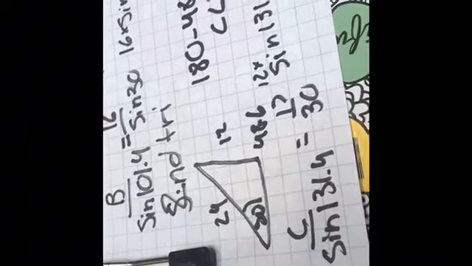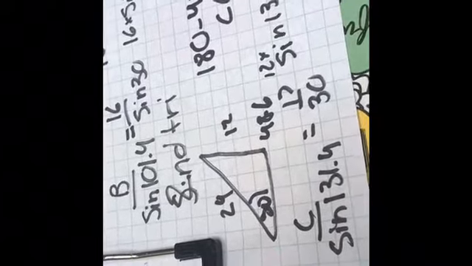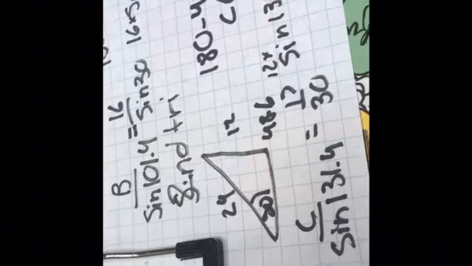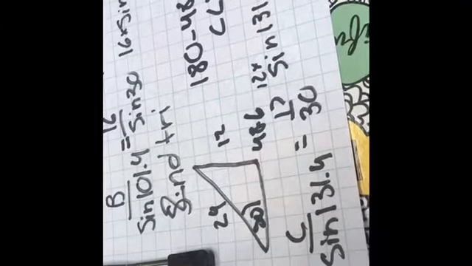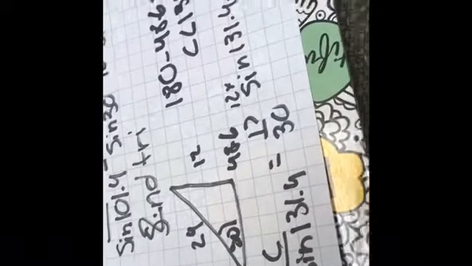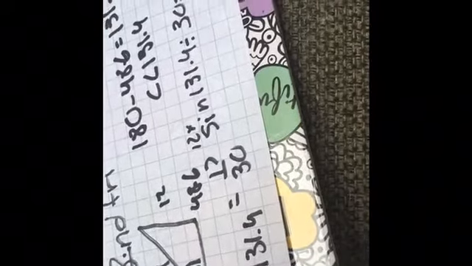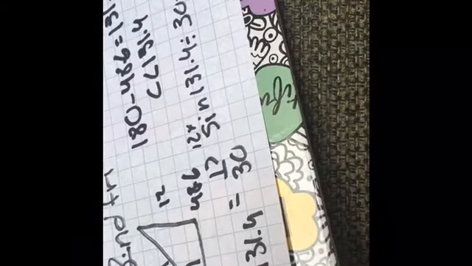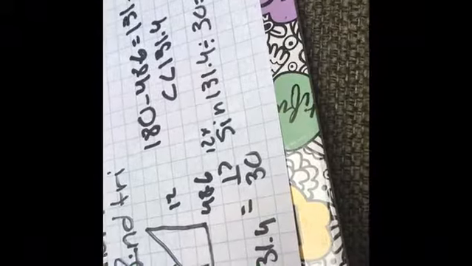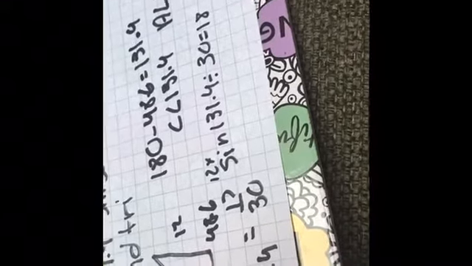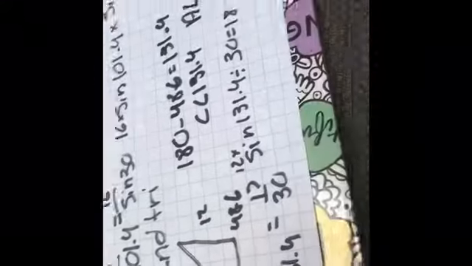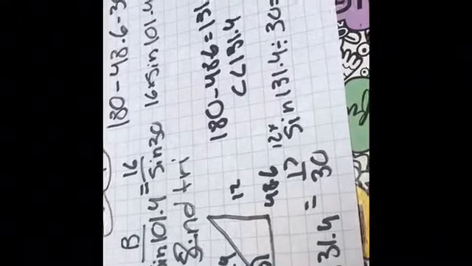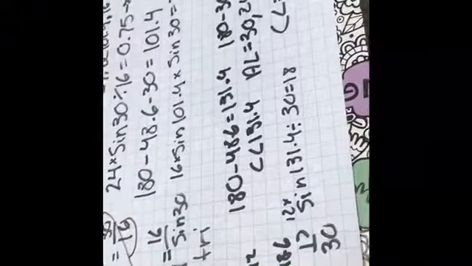So now we know that our A side is 24, our B side, shoot, I'm sorry, I kind of messed up. Our B side equals 12, and our C side now equals 18. And that is how you solve the sine law question when you have two triangles.